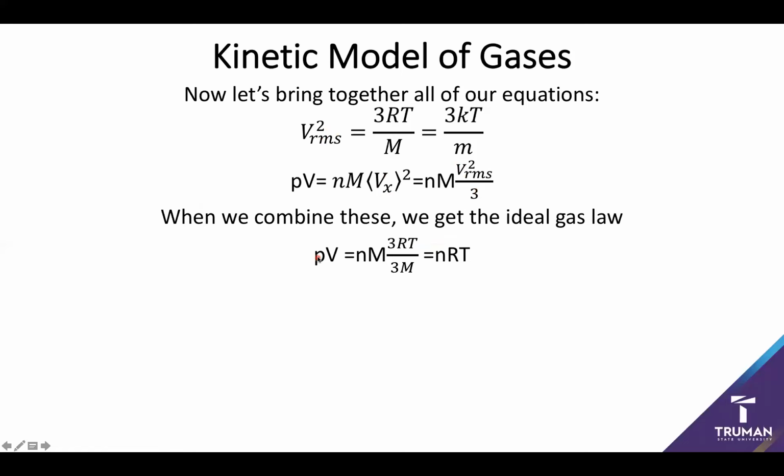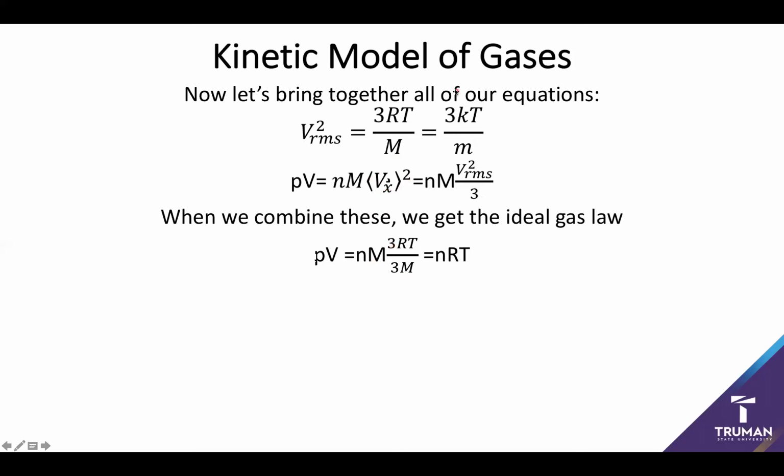And what we end up finding is a whole bunch of cancellation. So note that we have two expressions of the molecular weight. We have to divide my velocity by 3 to account for just the motion that's hitting the wall, so the motion in the x direction.